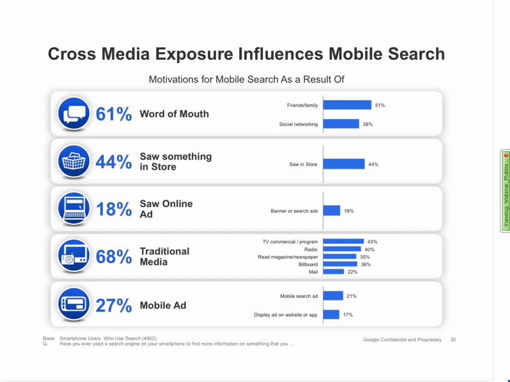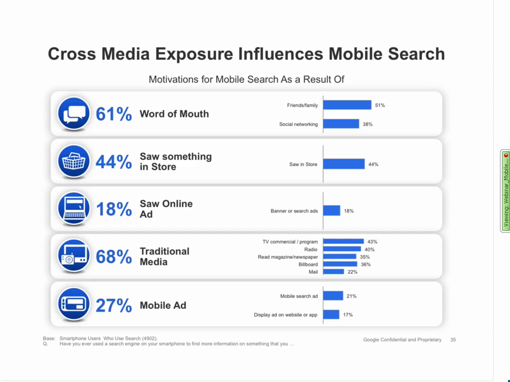People are searching based off of the media that's around them. Now, the most popular reason that people start searching is, very understandably, word of mouth. You're talking to someone, with your friends or family, or you see something on Facebook, and that leads consumers to search.